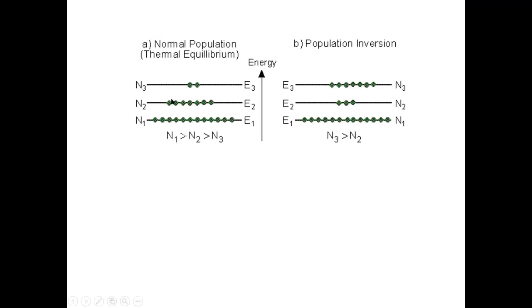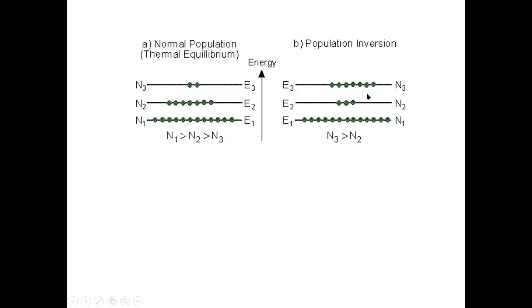So this is the normal population in thermal equilibrium, but in the population inversion state we have at least two energy states in which the number of electrons in the higher energy state is greater than the number of electrons in the lower energy state. But this is not the whole story. Although we have attained a higher number of electrons in the higher energy state, what if they do not stay there for long?